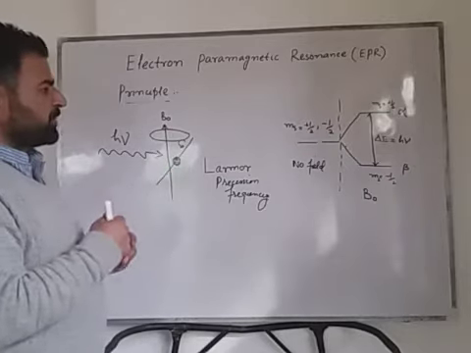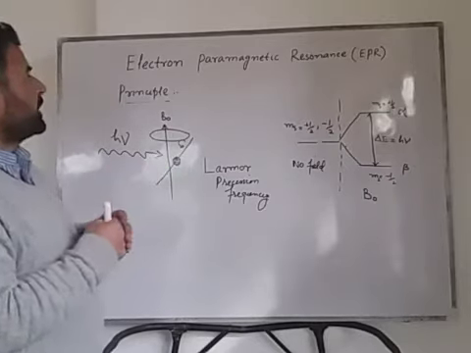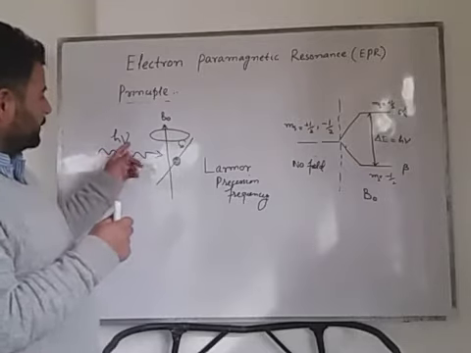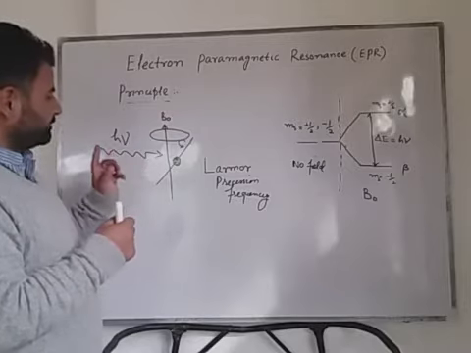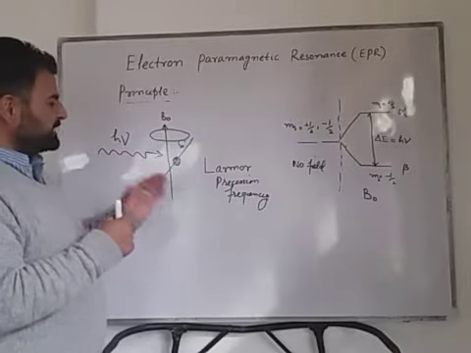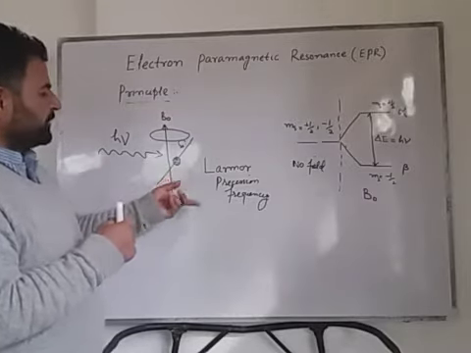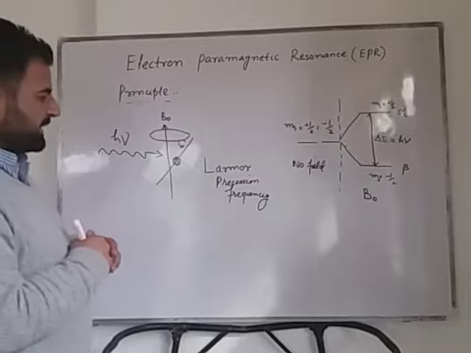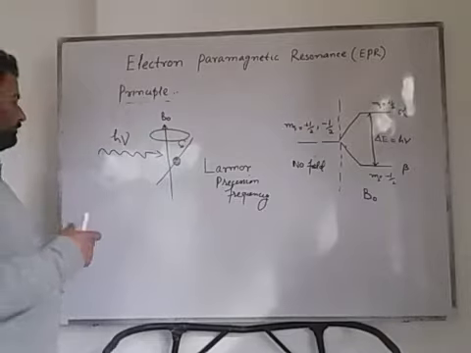This is actually the phenomenon of resonance. That is why it is called electron paramagnetic resonance spectroscopy. So resonance occurs only when the frequency of the incident electromagnetic radiation exactly matches the Larmor frequency of the spinning electron in the presence of that external magnetic field.